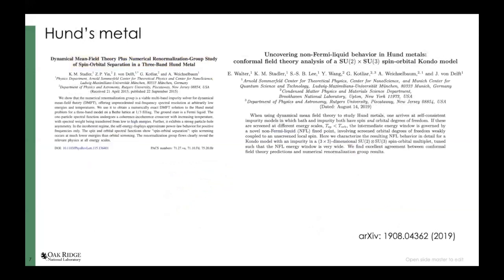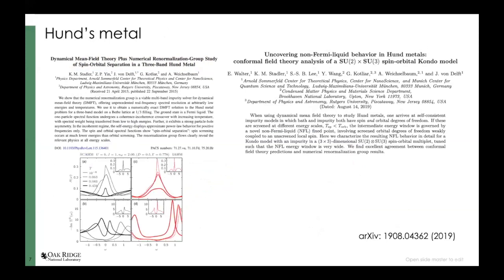There are another two very recent theoretical works. One is a DMFT plus NRG study, where they try to understand the difference between Mott and Hund's. I think it's a very good study.